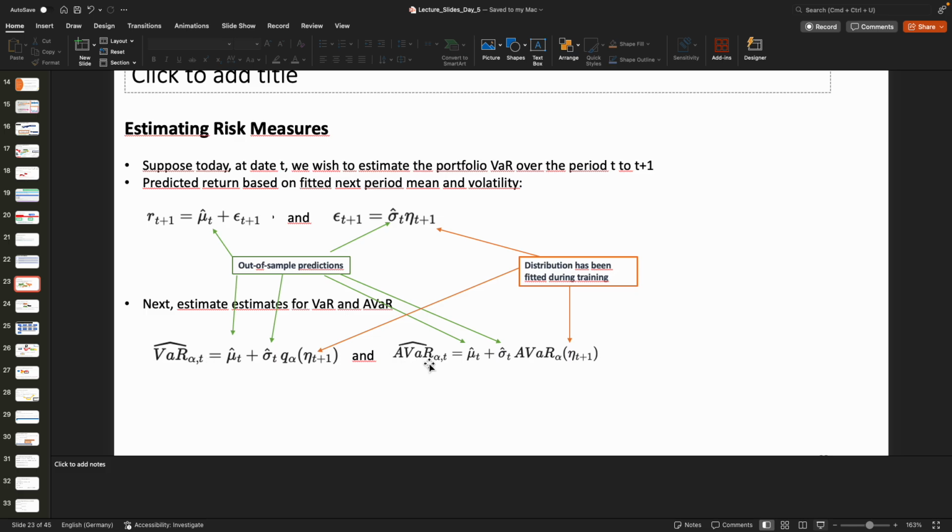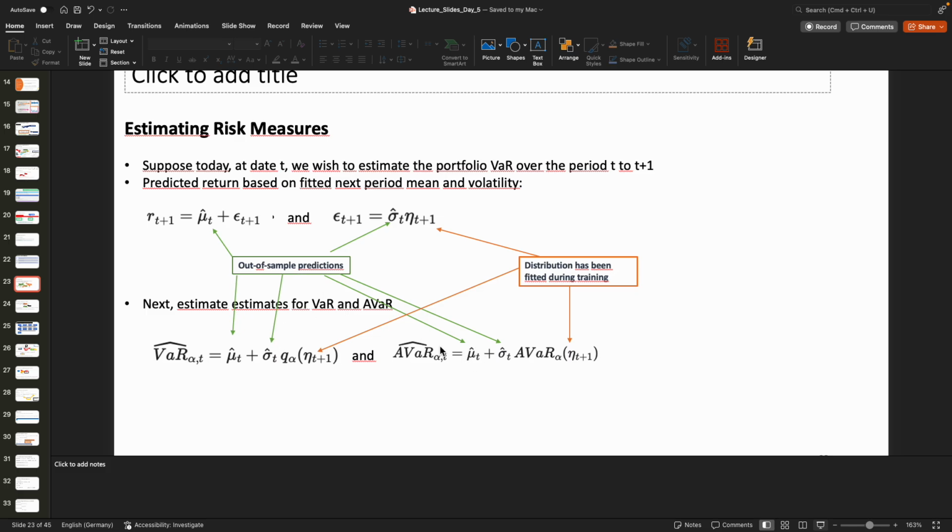So if you have an average value at risk, it's also called loss given default, but I like average value at risk better. It's closer to the analytics. You basically take the average value at risk for alphas of, let's say, 5% and smaller. And this formula would also look pretty nice in the sense that we simply need to compute the average value at risk of the eta_{t+1} shock and then scale it by volatility and add the mu to that.